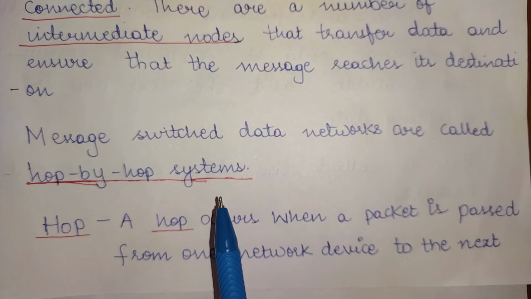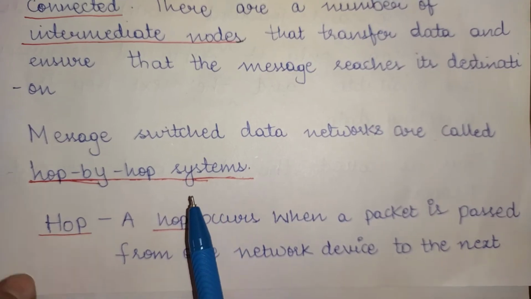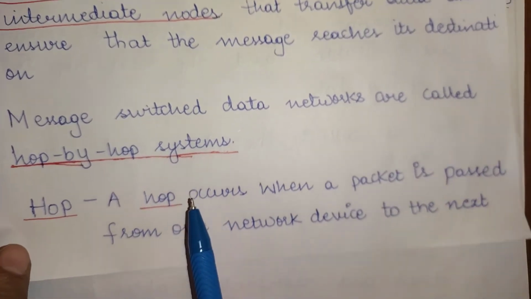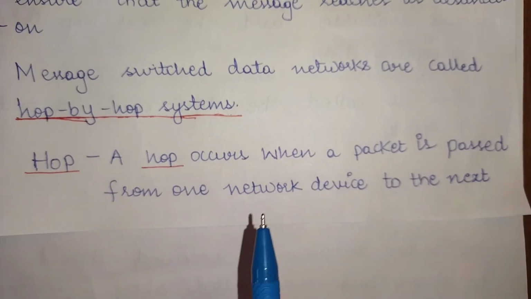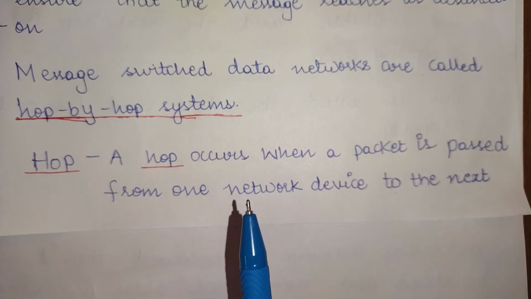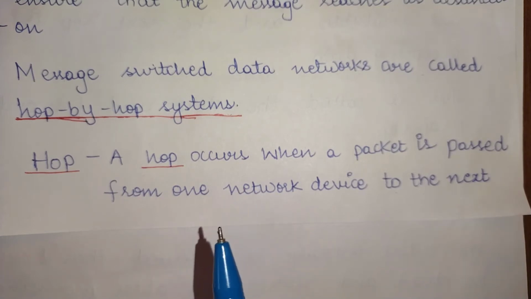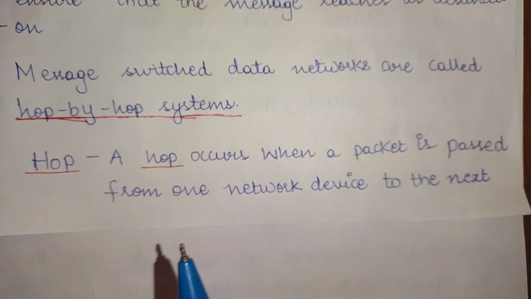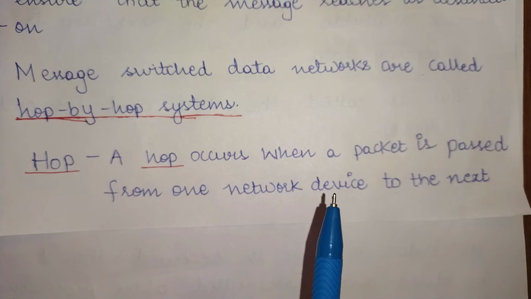Why hop by hop systems? In terms of networking, one hop occurs when a packet is passed from one network device to another, right? It is counted as one hop. As I said, between the sender and the receiver there are multiple intermediate nodes, so by the time the data reaches the intended receiver, it passes through several intermediate nodes.